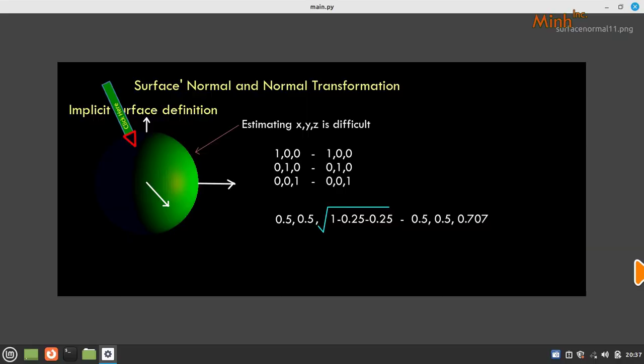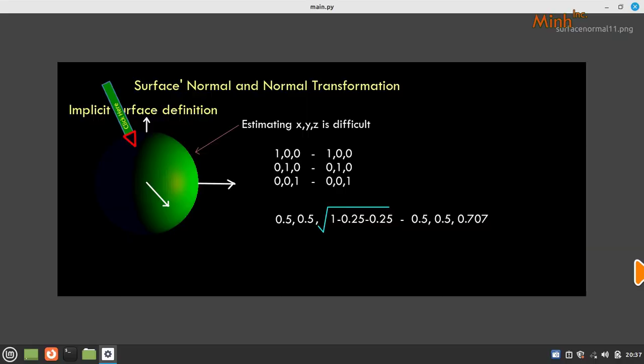So we'll see these two cases. We started with calculating the normal for a surface, now we'll see the discrete surface, polygon data, and then how to calculate the normal if we know the transformation of a surface. Okay, so we'll continue now.